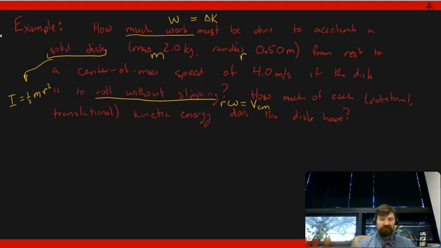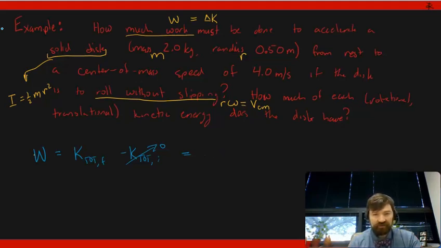Okay, so this means that my total work, W, should look like the final total kinetic energy minus the initial total kinetic energy, which from rest was 0. So this basically looks like, let's put it in terms of translation and rotation, the translational final plus the rotational final.